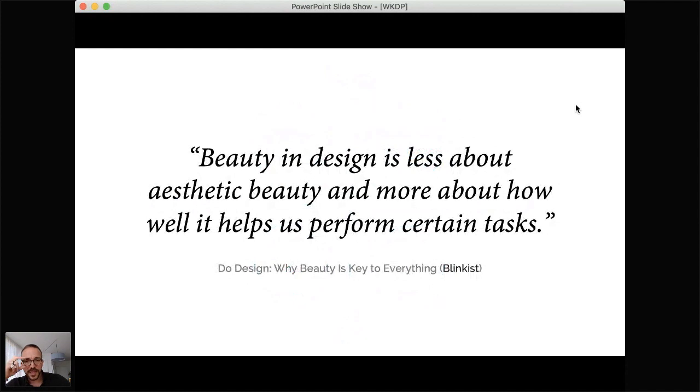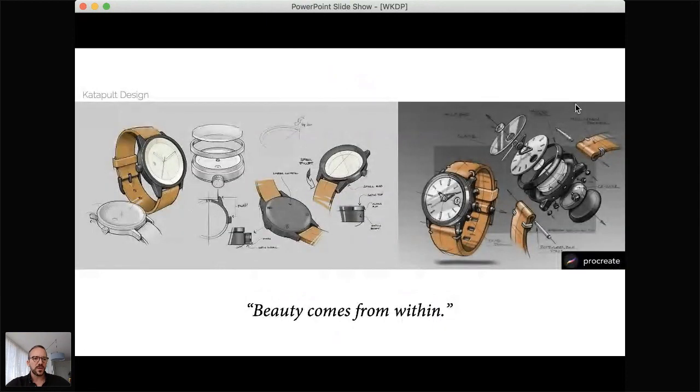And perhaps we need a different sort of idea of what beauty means, right? Beauty in design is less about aesthetic beauty and more about how well it helps us perform certain tasks, right? It's not a superficial thing that you impose on a product or an experience. It's really about the inner workings of it, right?